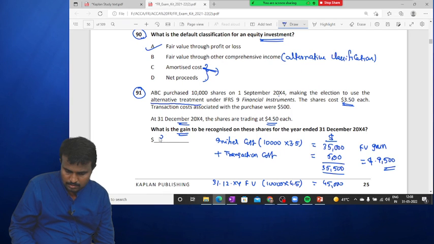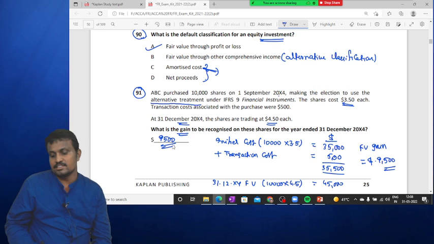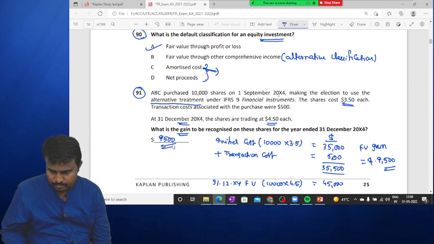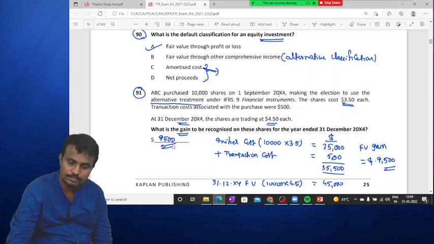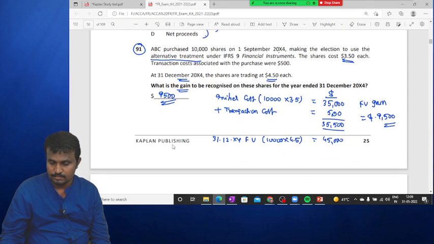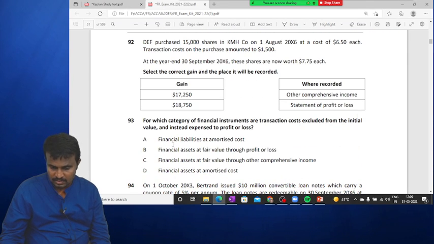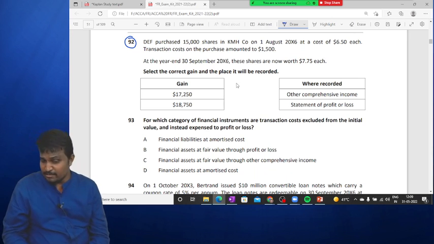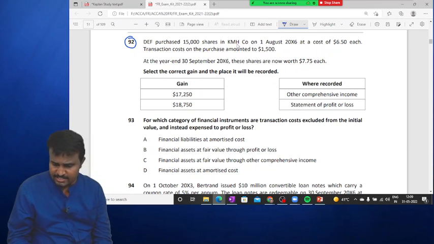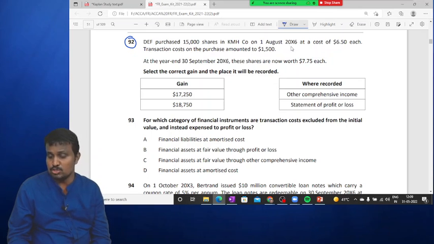Question 92. DEF purchased 15,000 shares in KMH company on 1st August 2006 at a cost of $6.5 each.